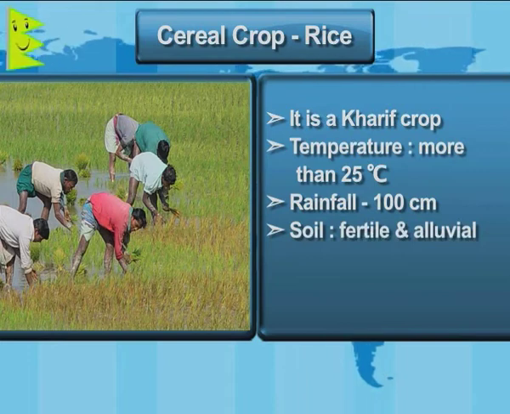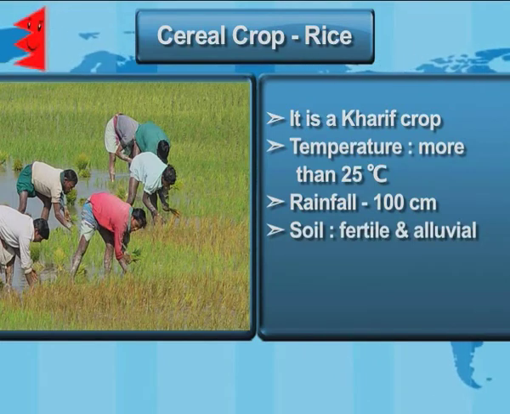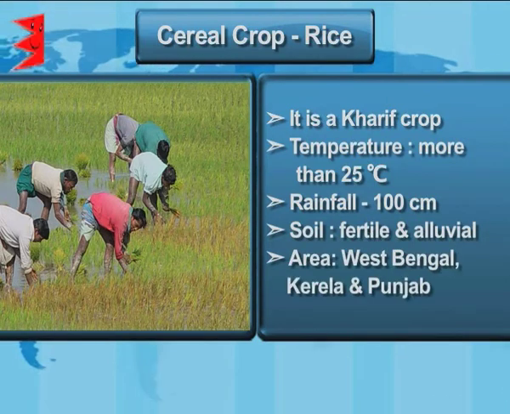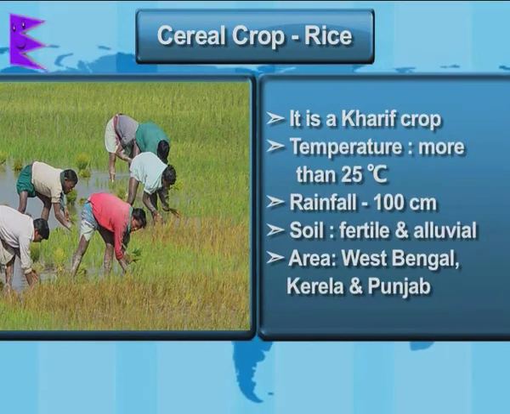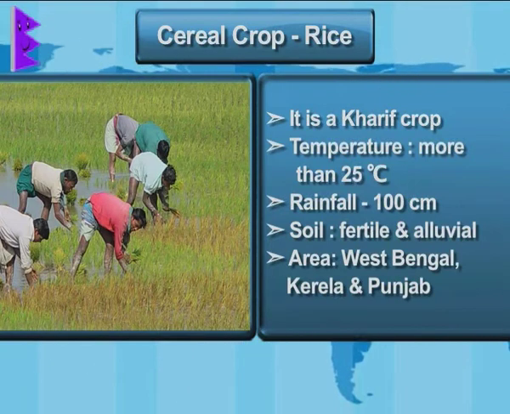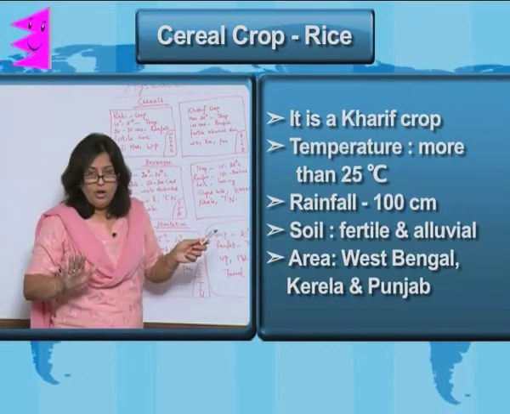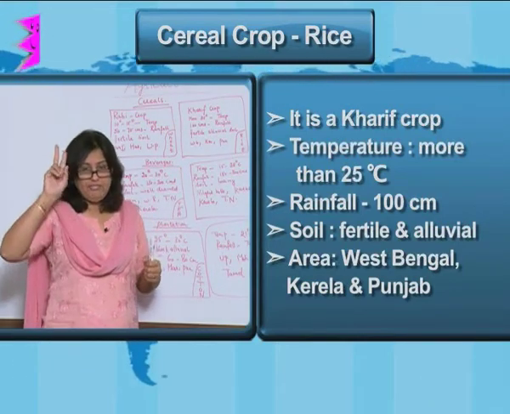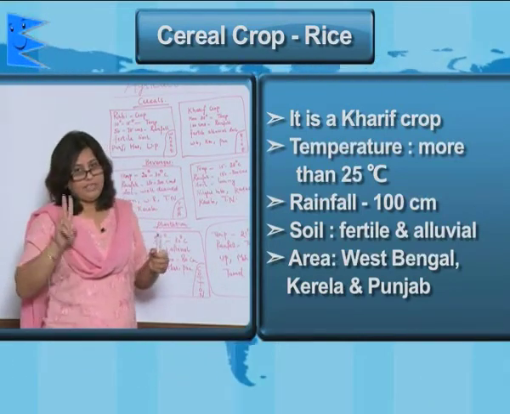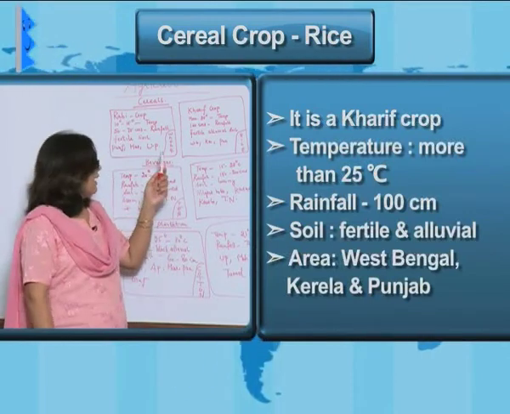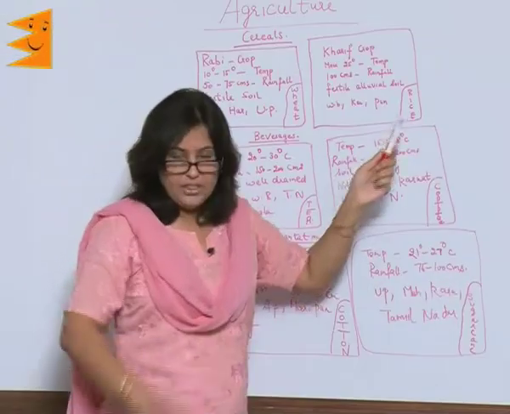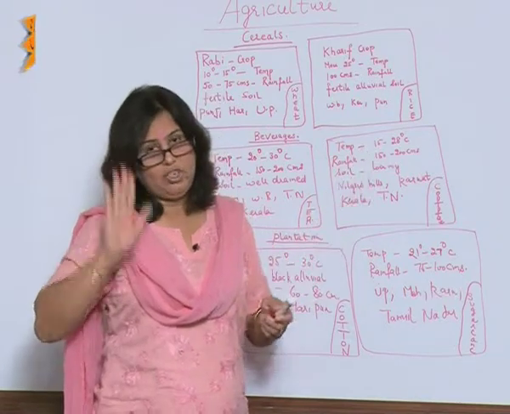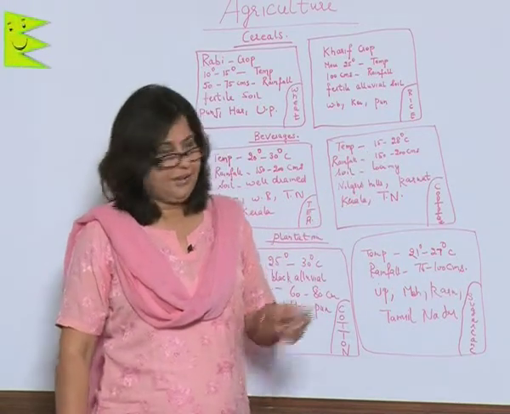The soil has to be very fertile and alluvial soil. The areas where it is grown in India is West Bengal, Kerala and Punjab. So, I am sure you have already drawn the first two tables of the cereal crops of India, that is wheat and rice. Just go through it twice and I am sure you will never forget it.